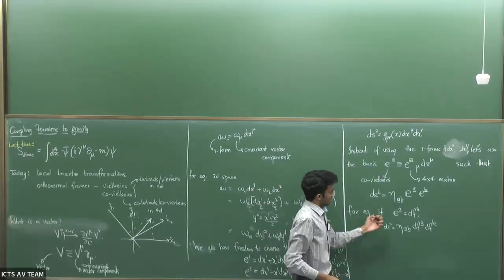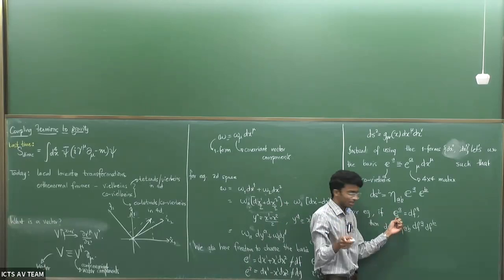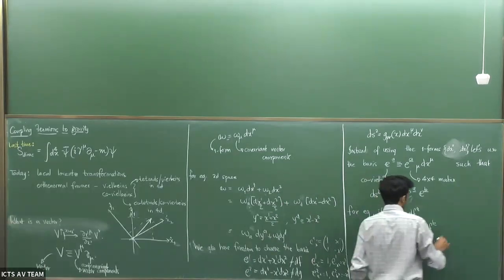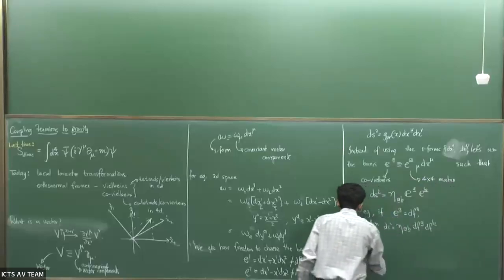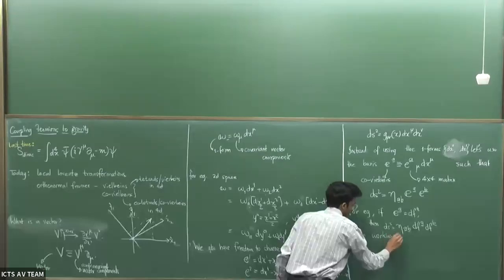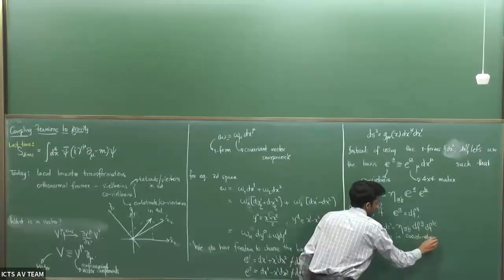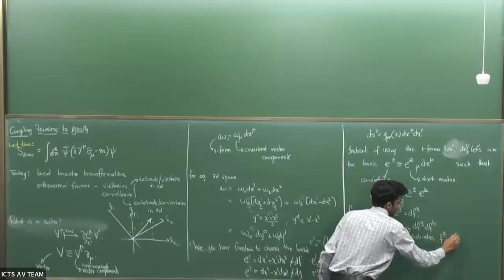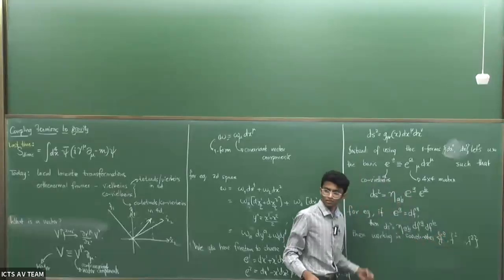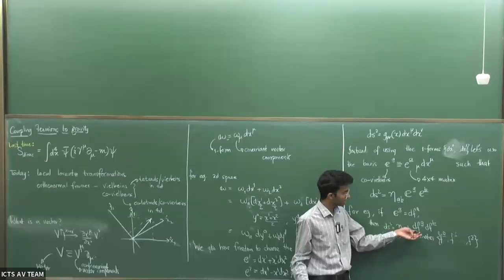Now coming back to your question, if E is d of something, then working in coordinates f0, f1, f3, ds squared is just eta AB dfA dfB.